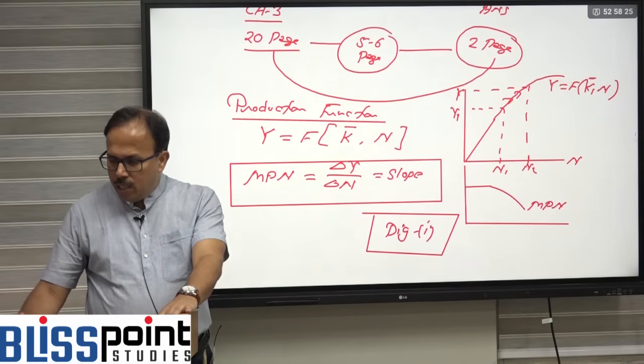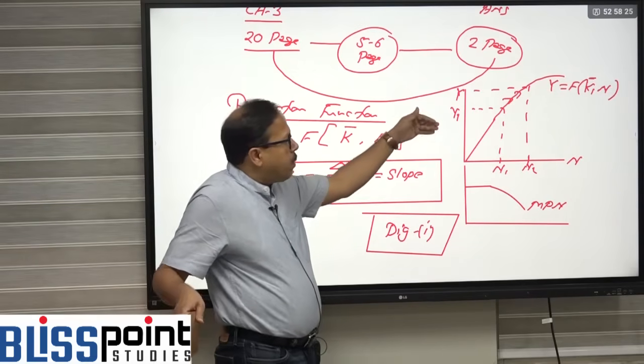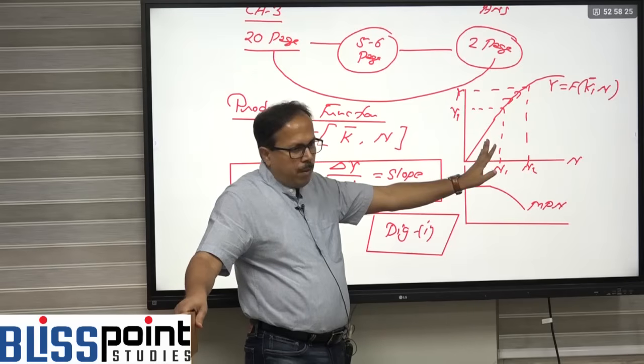This is just a relationship between the input and the output. This line simply says that the output depends upon the employment of labor.